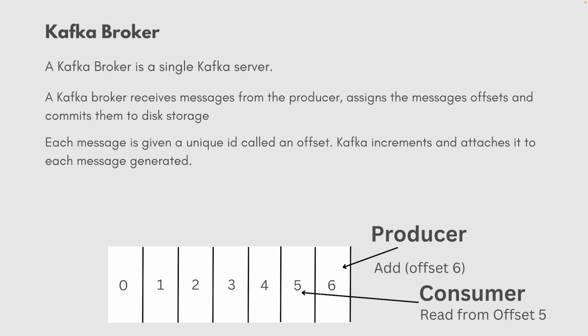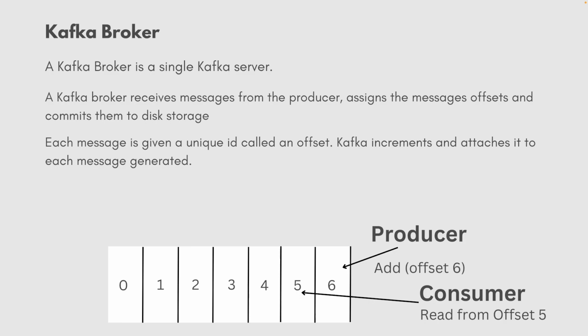So in this case, you can see that a producer sends a message, adds it onto the queue, and gives an offset of 6 to that message that was just produced. But we still have other messages that were in the queue: 0, 1, 2, 3, 4, and 5, and 6 was just added by the producer. But currently the consumer is reading from offset 5.